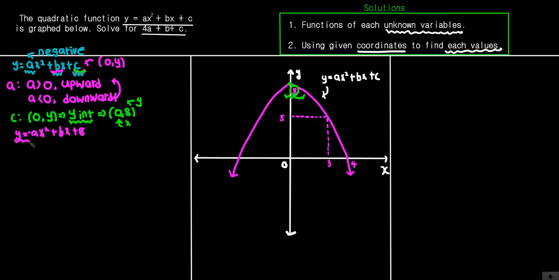If you think about this function, we know that it passes through some points. The first point is the y-intercept, which is the value of c. When the x value is 0, the y value is equal to c, which is 8. The second thing that we know is that when the y value is equal to 5, the x value is 3.